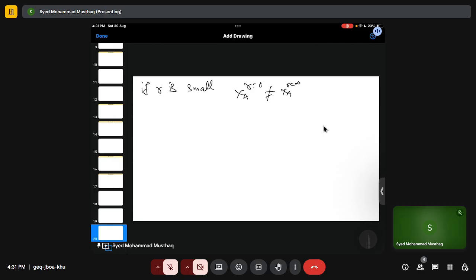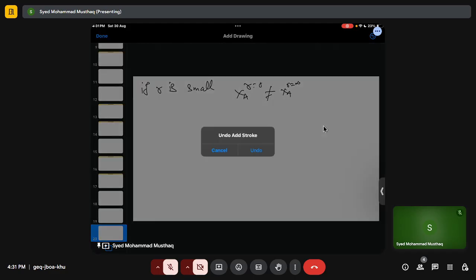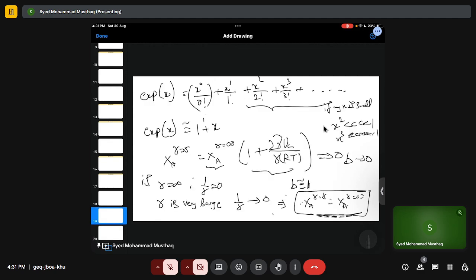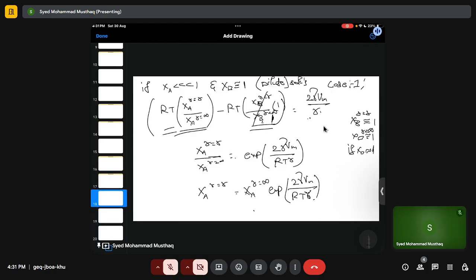Right. That is what it is. That is about the first equation where we have derived.